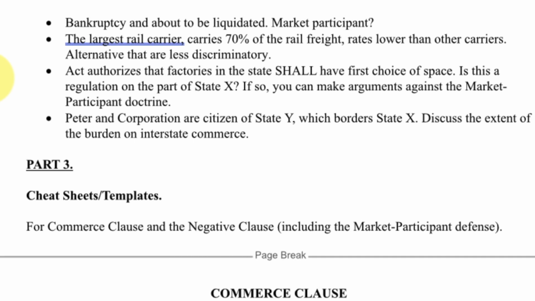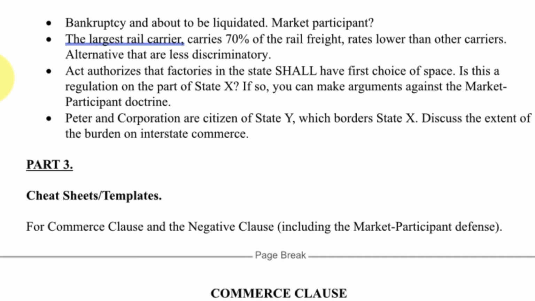Of course you have bankruptcy, and their railroad was about to be liquidated, so that triggers a potential market participant doctrine discussion. Also, the railroad was the largest rail carrier, and it carried 70% of the rail freight.